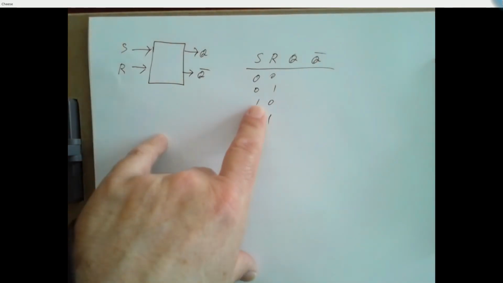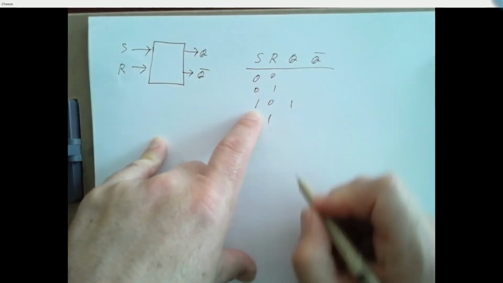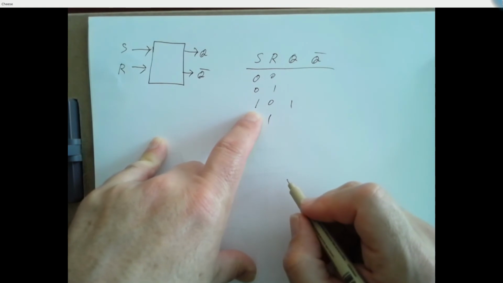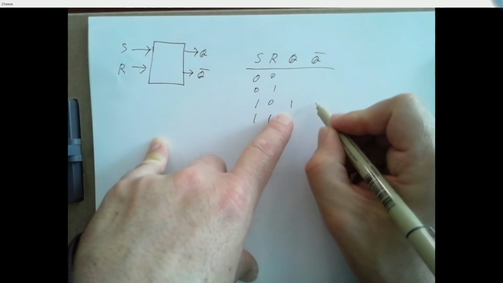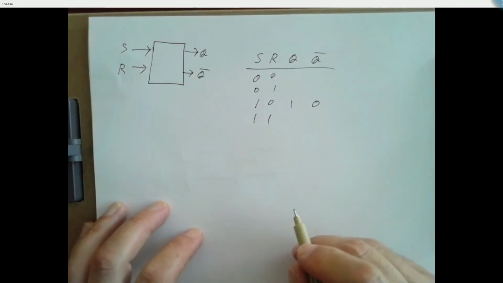And so if our set input is 1, our flip-flop becomes a 1. Okay, so Q is the output. So this is saying set the flip-flop, the output will be a 1, Q bar will go to a 0.